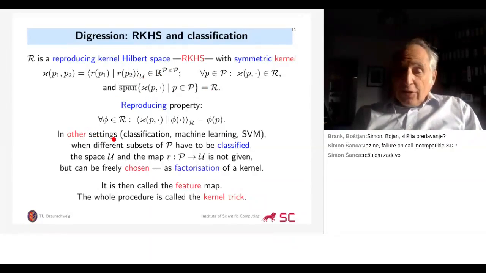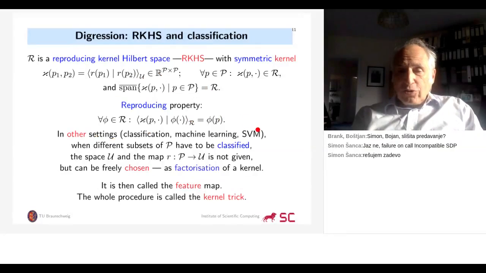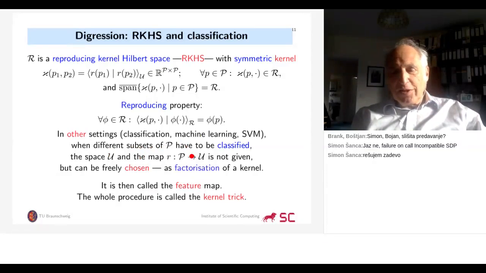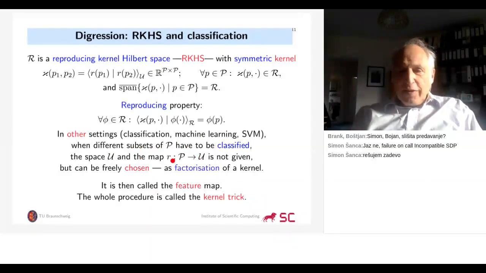So this is actually used in something which is called support vector machines. They're used for machine learning and classification, where you want to classify different subsets of P. So one set of parameters is this, and the other set of parameters is this. Typically this map is not given, but you choose it. It's called the feature map.